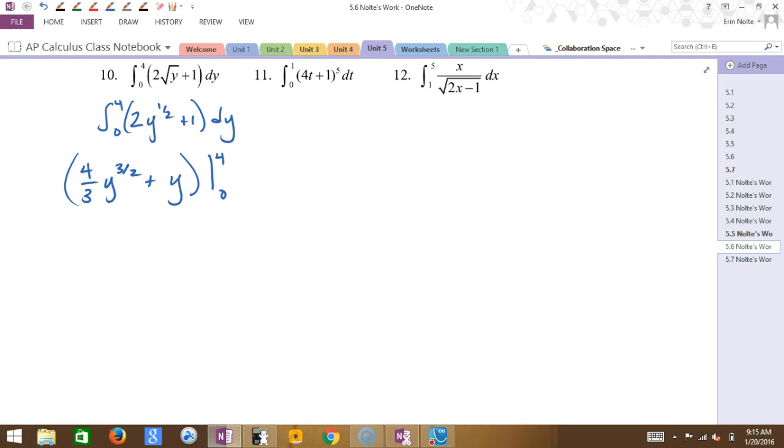Alright, so once I have the integral, what do I do next? Bigger minus smaller. Okay, so I just plug it in. So you do 4/3, 4 to the 3/2 plus 4, minus, and then you plug in 0.